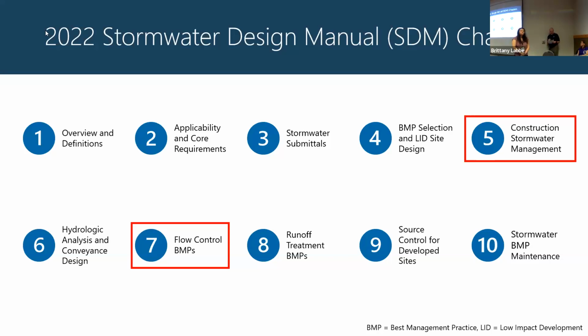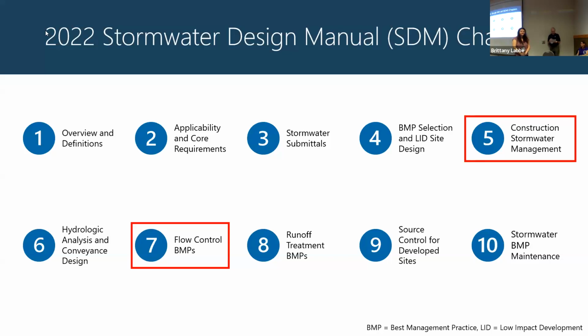Chapter 5 is basically equivalent to Ecology's volume 2, so it's the construction phase stormwater management. Chapter 6 is hydrologic analysis. Chapter 7 is flow control, including soil testing, infiltration analysis, LID, and also detention, trenches and galleries are all in there.